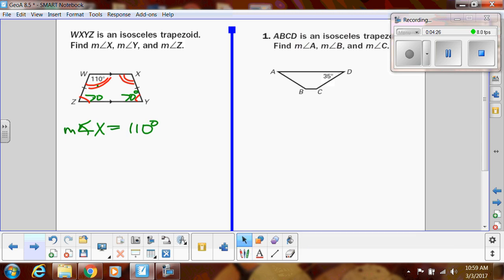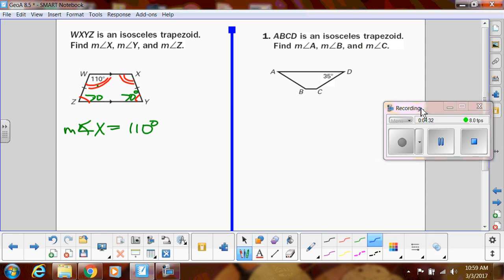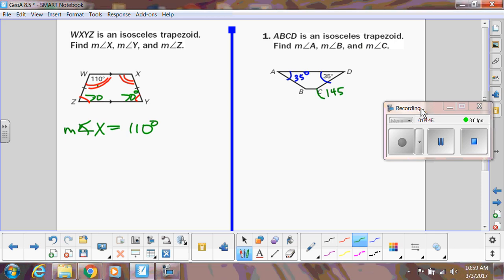All right, and then we also have over here, this is an isosceles trapezoid, and all they did was give us this angle. So I know this angle will also be 35. And then I know that these are going to add up to be 180. So these are going to be 145 apiece, here and here.